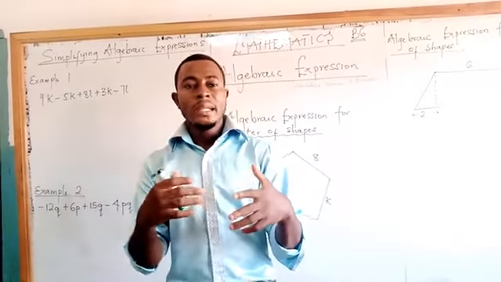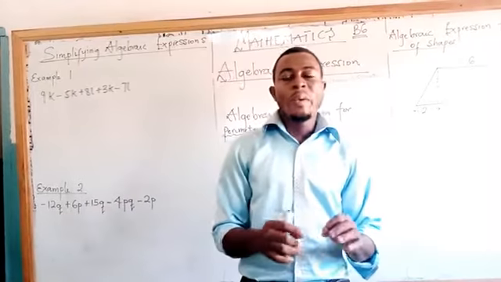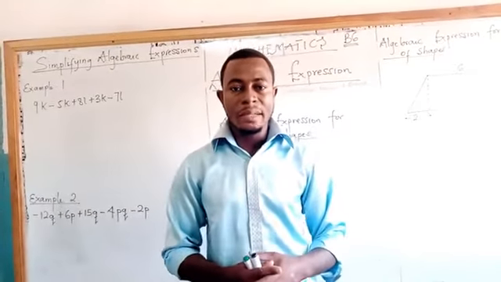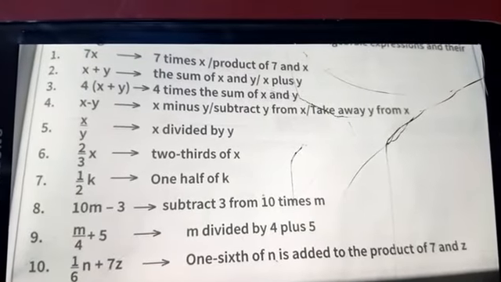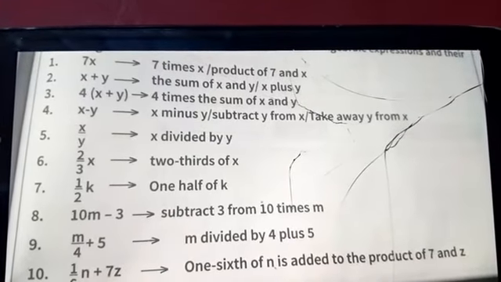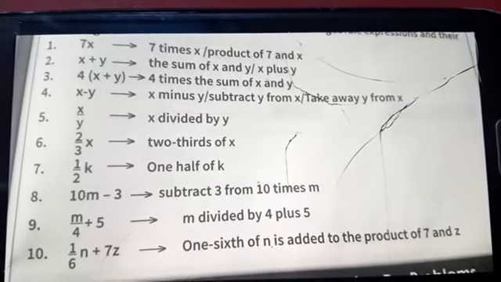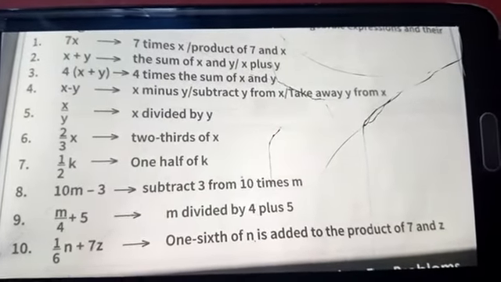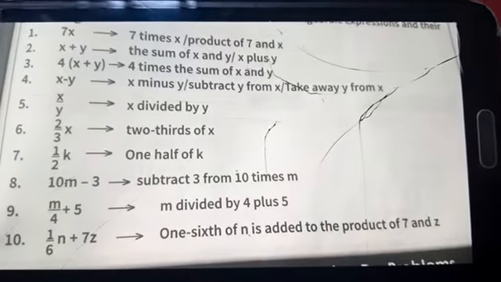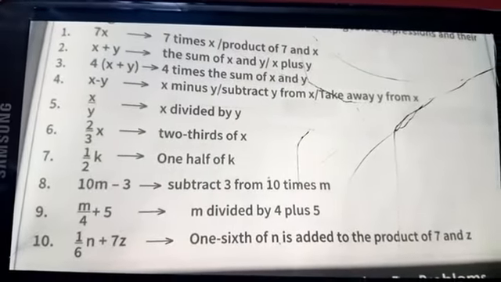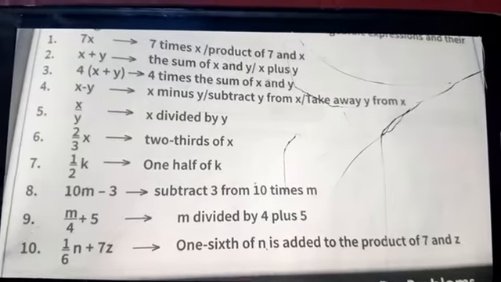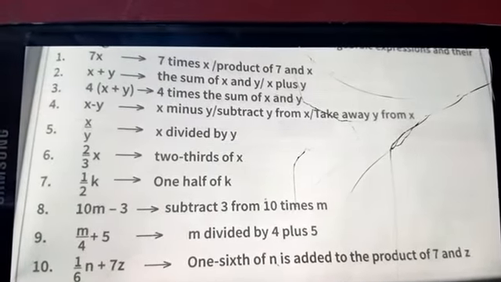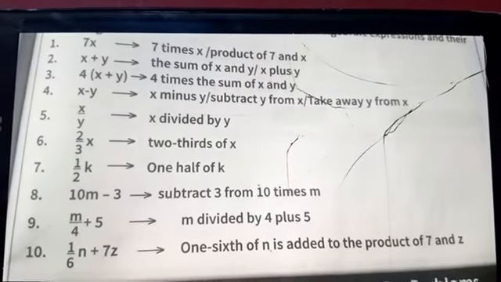Now, before we delve deep, we are going to look at some basic algebraic expressions and their meaning. When we say 7x, it means 7 times x, or the product of 7 and x. Also, when we say x plus y, it means the sum of x and y.